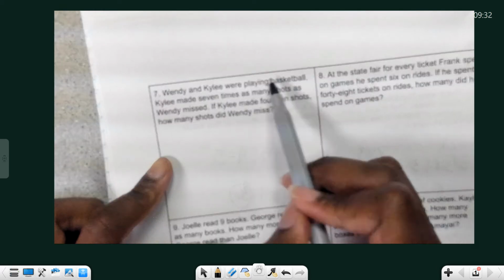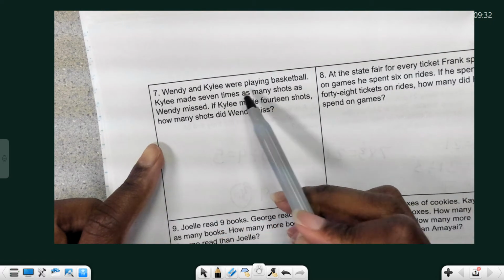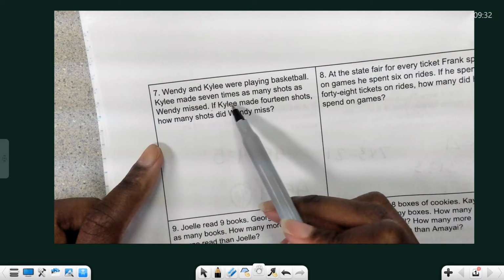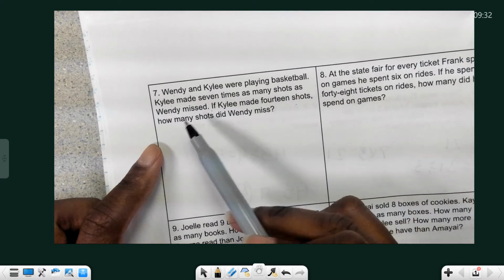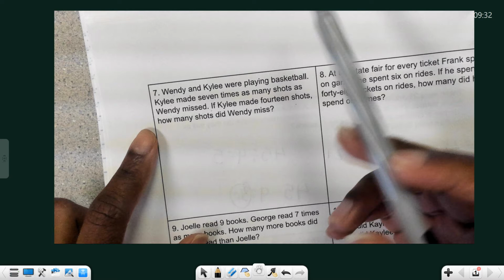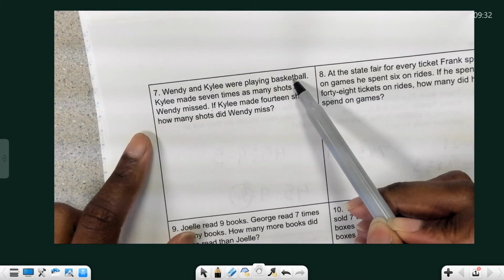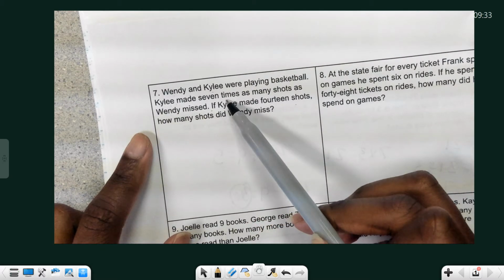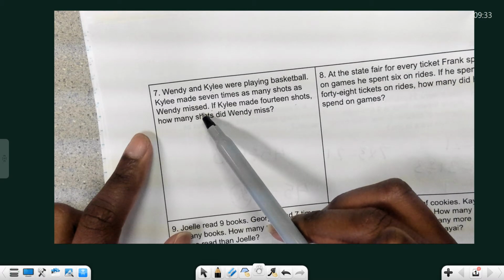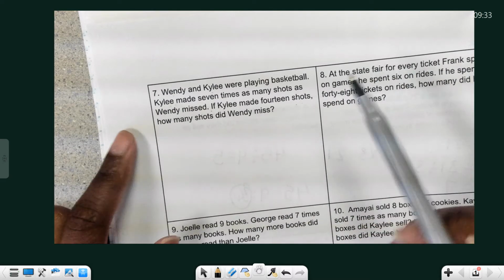Wendy and Kylie were playing basketball. Kylie made 7 times as many shots as Wendy missed. If Kylie made 14 shots, how many shots did Wendy miss? Okay, so follow along with Mrs. Cobb.